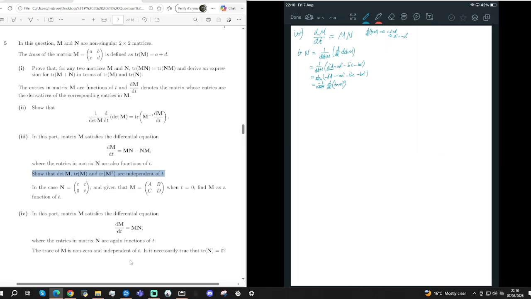Is it necessarily true? We've still not... Well, we have used the fact that the trace is independent of t. Not used the fact that it's non-zero. We haven't divided by trace at any point yet.